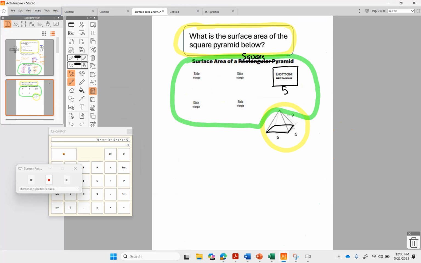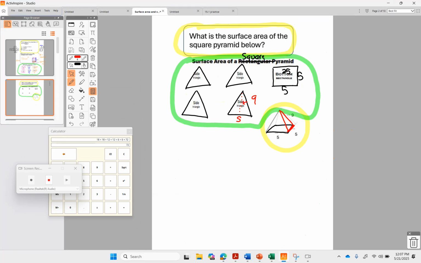Okay? So the area of that square is 25. Now, each of the sides is a triangle. There are actually 4 triangles, because each triangle sits with the bottom of the triangle along that square. Okay? And so each of these triangles has a base of 5 and a height of 9.